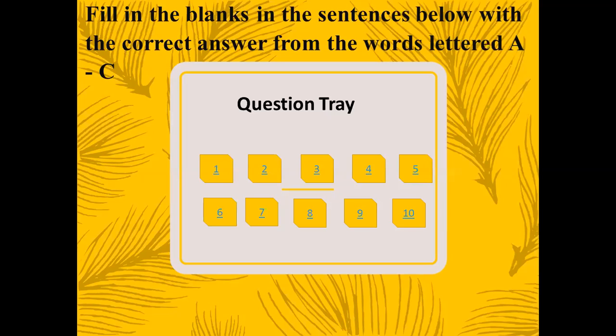I want somebody from girls to pick a number. A representative from girls' school.